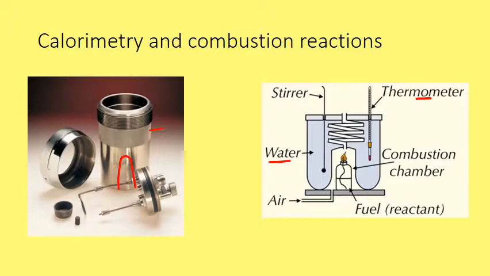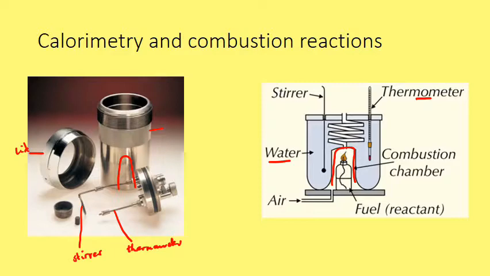So that would represent this opening here on our diagram, into which we would put our fuel that we're going to burn. And what we have here is our thermometer. And this here is our stirrer. Right, and you pop this lid on the top, it would be filled with a known quantity of water, and put the lid on. This is just the lid here.